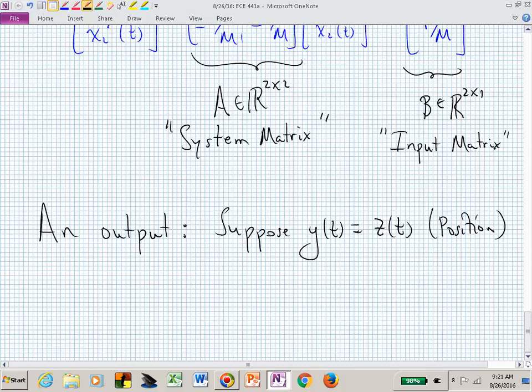Maybe that would be your output. Maybe you have a sensor that measures position. Or maybe you have a sensor that you created in the lab and it measures 1 times the position plus pi times the velocity. Josie found that sensor somewhere in the stockroom, and you just used it. That's okay, that's an output. In this case, I'm just picking an output to be Z.